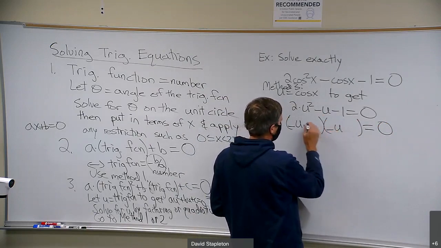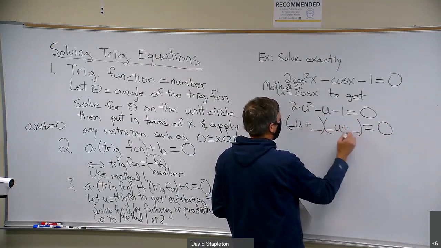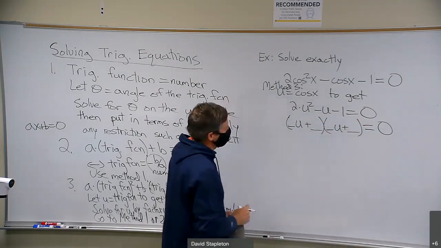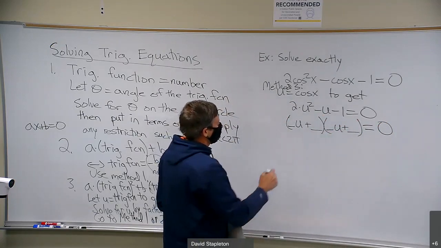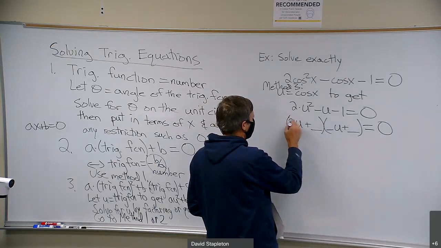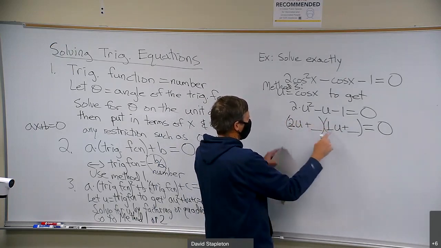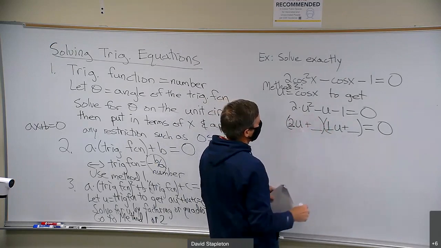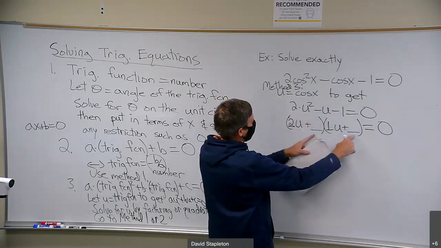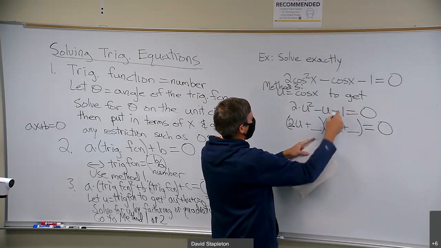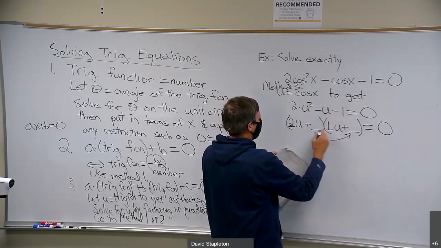Blank u plus blank, u plus blank. When you can factor it, it always factors this way. And again, a 2 in the first position, I need a 2 and a 1 here. So the product of this times this is 2u squared. And now what has to go in the last blanks, it has to have the product minus 1, right? Remember how that works in factoring?